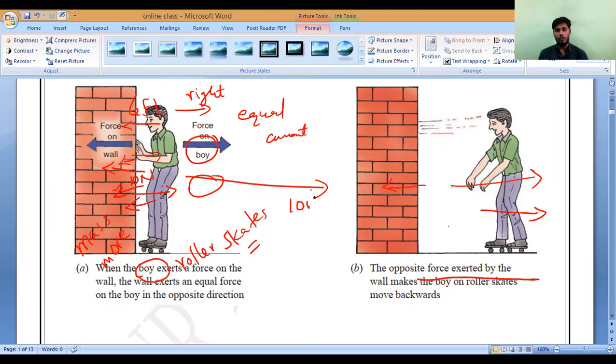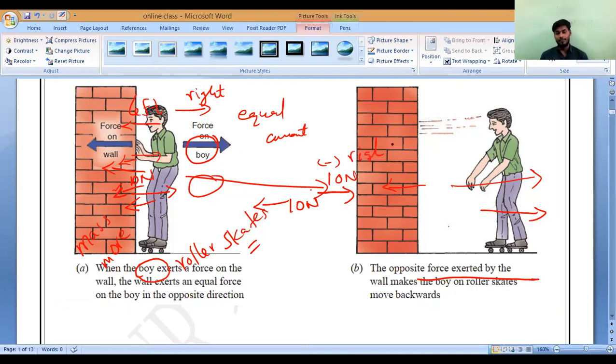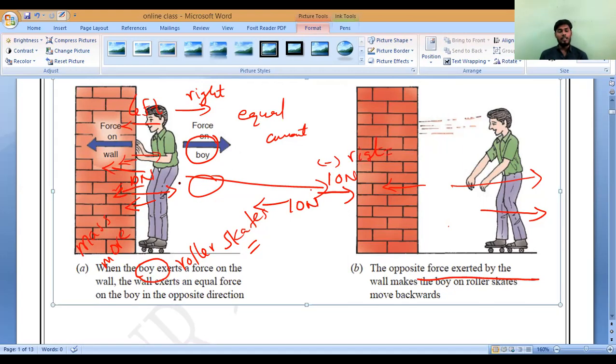If I apply 10 Newton force on the wall on the left side, then the wall also will exert the same 10 Newton force, but in the opposite direction. Is it yes or no? Same way, suppose another person applies 100 newtons of force on the wall, then what will happen? The wall also will exert the same 100 newtons on the right side.